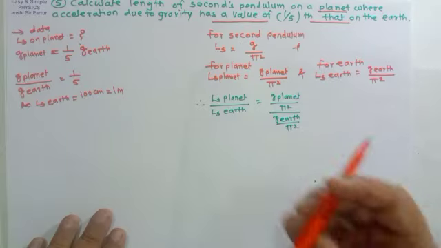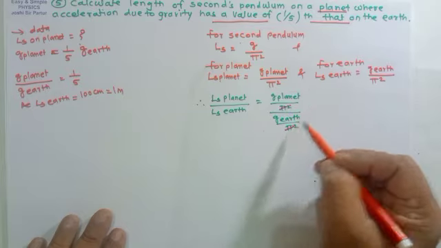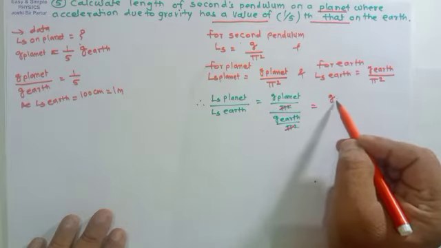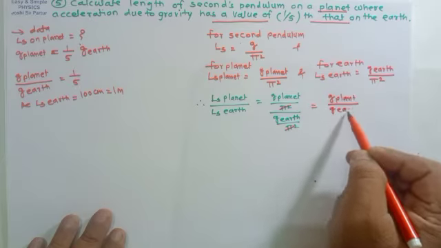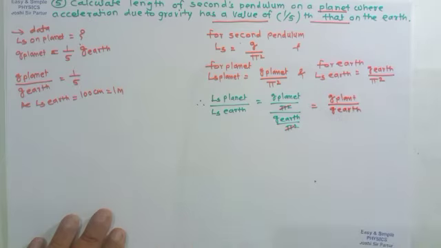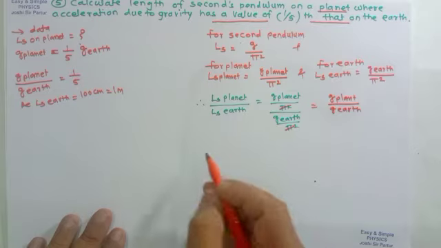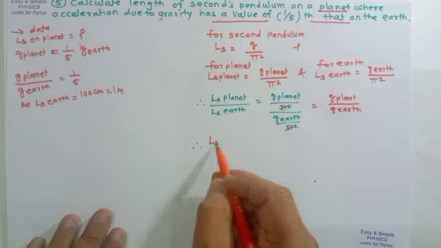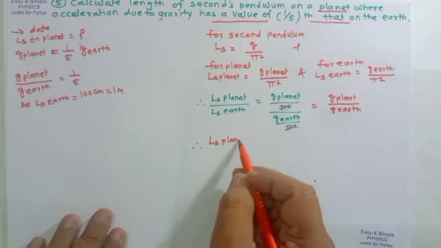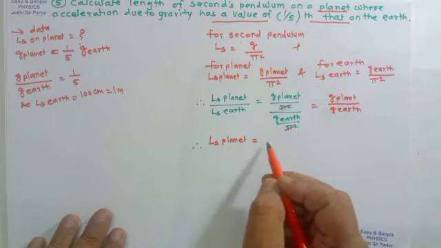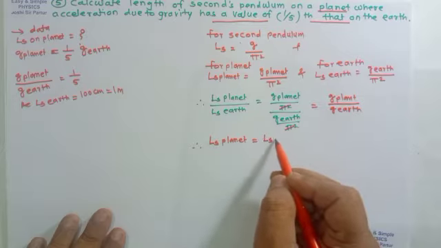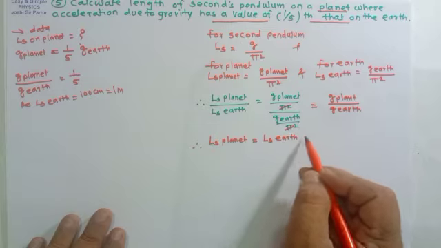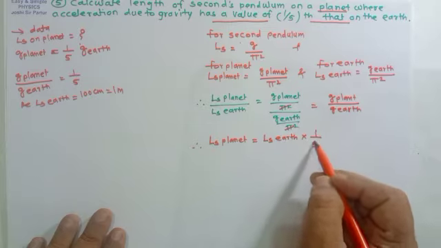What happen? Pi square get cancel, which is g planet upon g earth. By data, g planet upon g earth, that will be 1/5. Therefore second pendulum length for planet is equal to length of second pendulum on earth multiplied by 1/5.